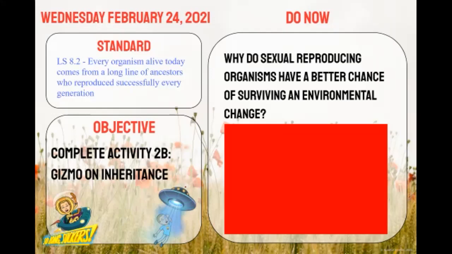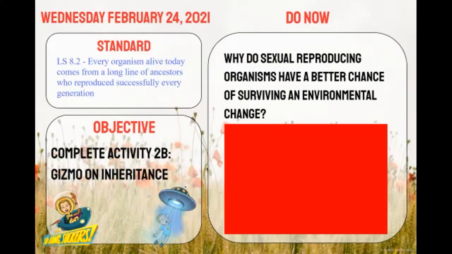So if one of the parents has a characteristic that is better for surviving that environment, maybe it's their fur color, or maybe it's the color of the plant, they would have a better chance of surviving, which gives them the ability to reproduce and have more offspring that will survive that environmental change.